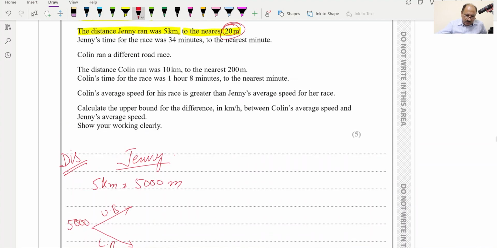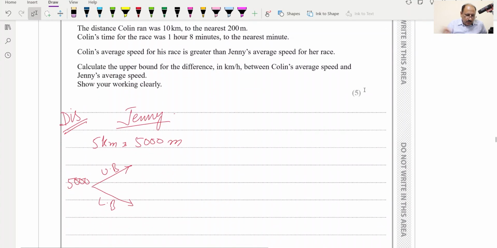So we'll be using plus minus 10. Half of 20 will be 10, so it will be 5010 meters, or lower bound will be 4990 meters.